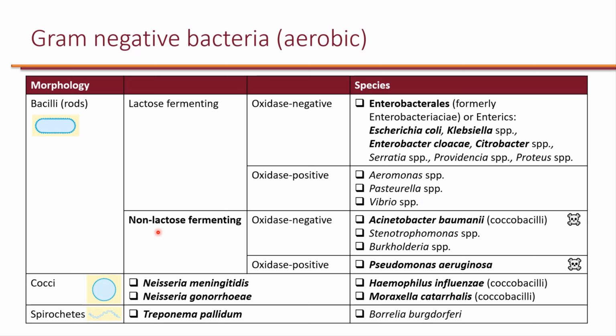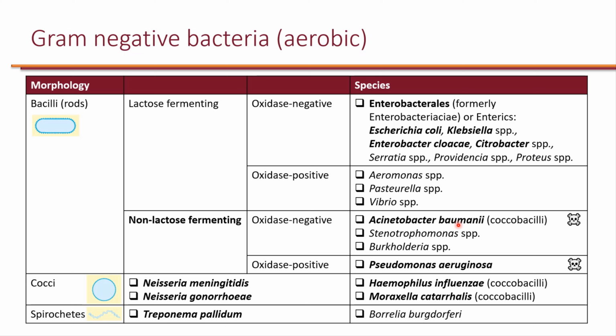And then when it comes to non-lactose fermenters, and this is bolded because these are very important organisms because they typically are very resistant to a lot of antibiotics. So the most important would be Pseudomonas aeruginosa. This causes a lot of severe infections and becomes difficult to treat.